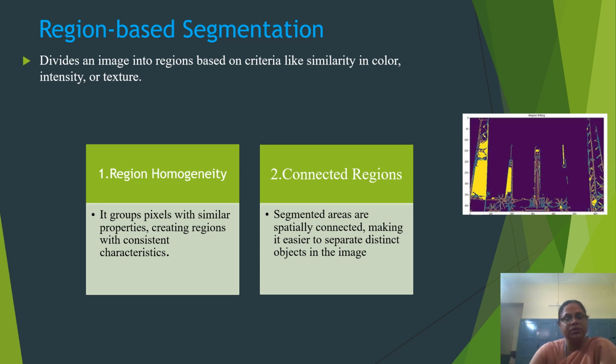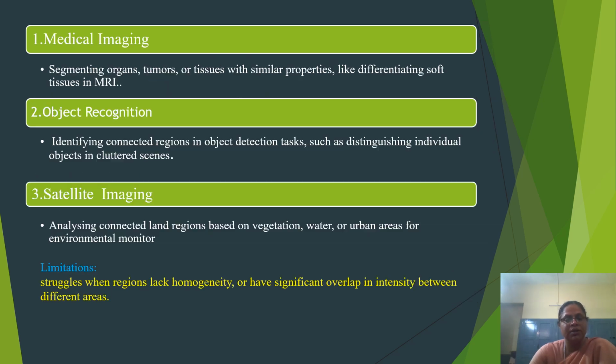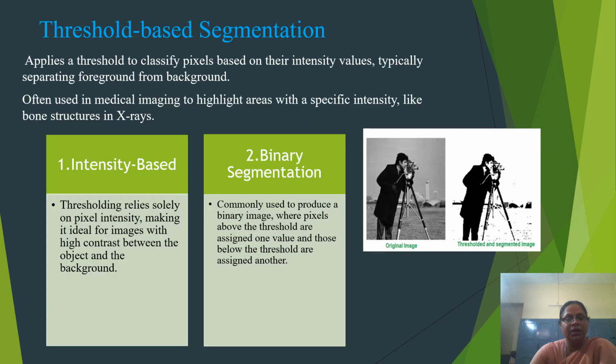The key characteristics are region homogeneity and connected regions. The types of region-based segmentation are region growing, region splitting and merging, and watershed segmentation. The applications are medical imaging, object recognition, and satellite imaging. Its limitation is that it struggles when regions lack homogeneity or have significant overlap in intensity between different areas.